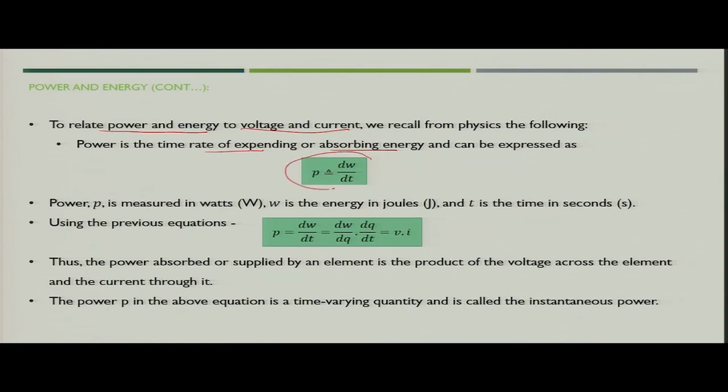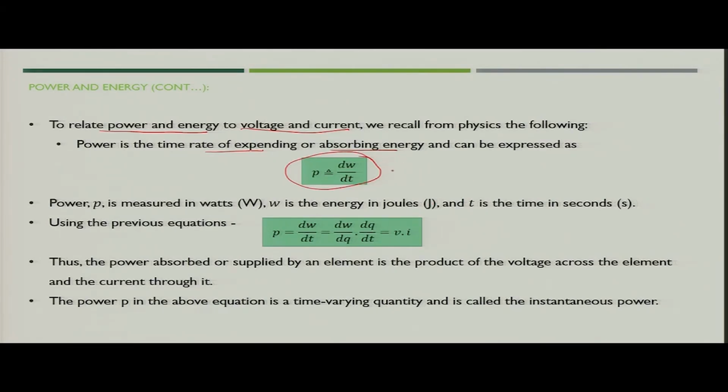In mathematical terms we can represent it as P is equal to dW by dt, that is, the rate of change of energy. Power is measured in watts, and W, that is the energy, is measured in joules.